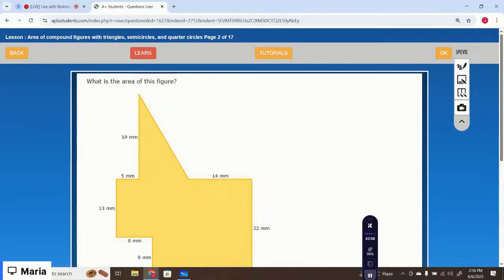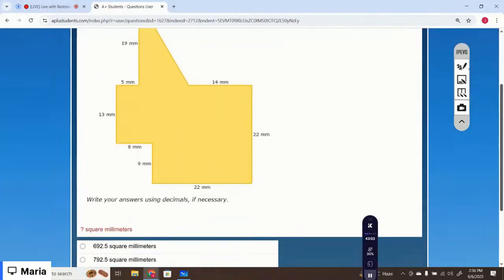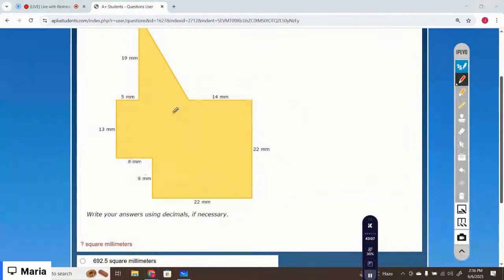What is the area of the figure? Let's just divide the figure into smaller figures and calculate the area of each figure, then we will add them. 1, 2 and 3. So the area of this one is 22 times 9, that is 198.